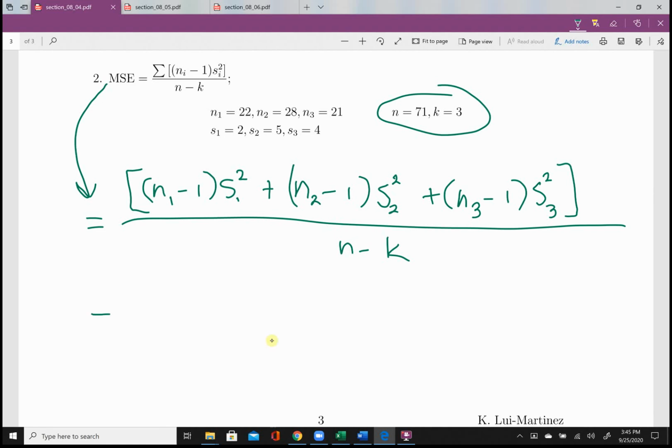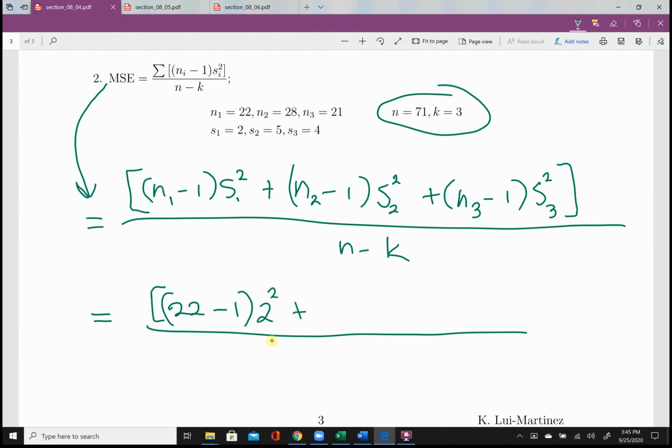Now that we have our summation entirely expanded out, along with the n minus k in the denominator, we are ready to plug in the corresponding values. n sub 1 is 22, minus 1, times s sub 1, which is 2 squared.